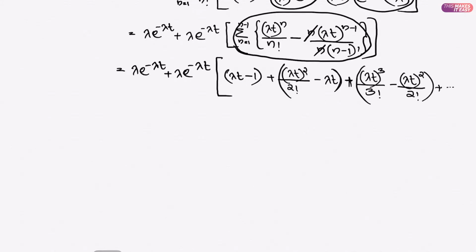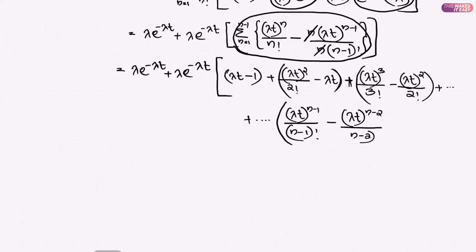It will go like this till we get the final term as lambda t power n minus 1 divided by n minus 1 factorial minus lambda t power n minus 2 divided by n minus 2 factorial.